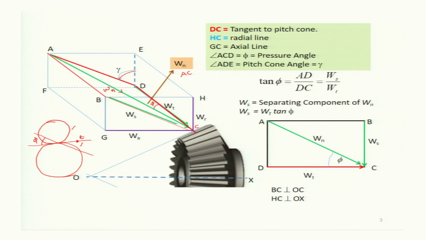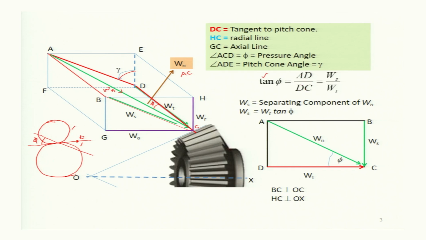Well, so tan phi in the triangle ACD, because in the triangle ACD the angle ACD is 90 degree, will be given by AD divided by DC. AD we say is Ws, because this will be the component of load which will try to separate the two gears.